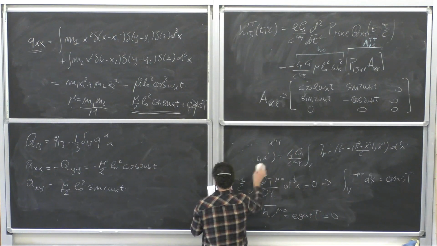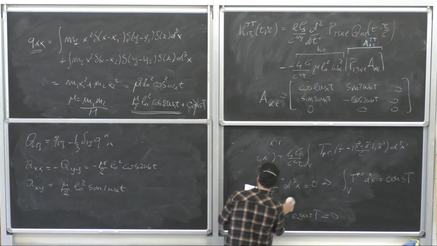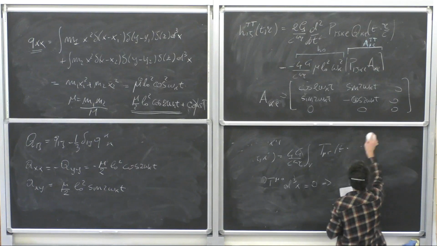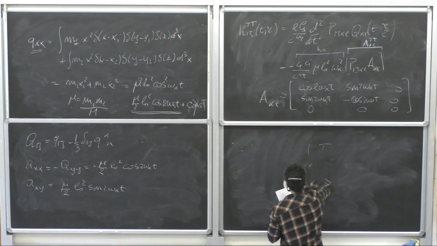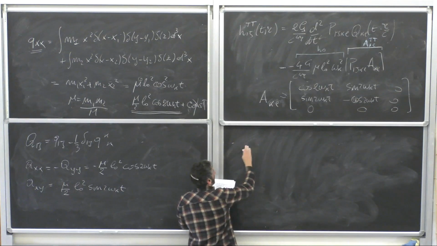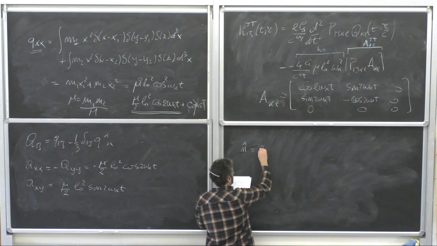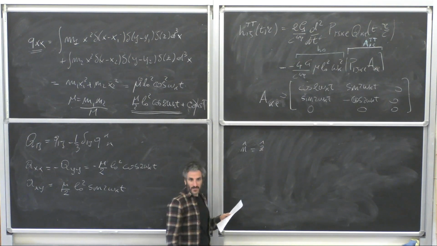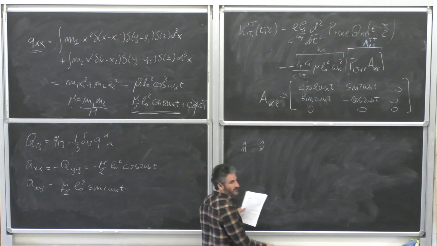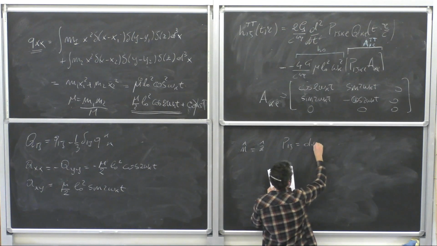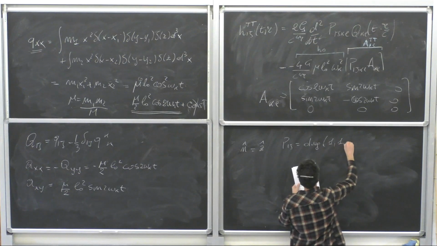So for example, remember when we defined P_ij as delta_ij minus, so if n corresponds with the z axis, then the P_ij will just be diagonal 1, 1, 0.